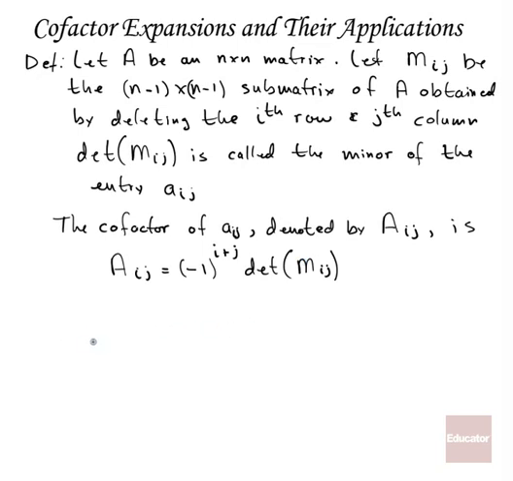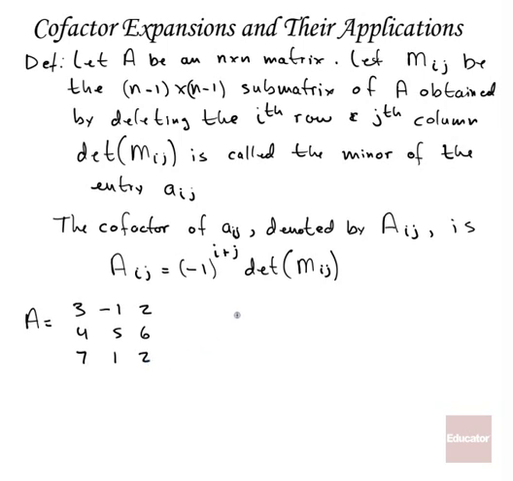So let's define our matrix A over here. We'll have 3, -1, and 2. We'll have 4, 5, 6, and the third row will be 7, 1, 2.